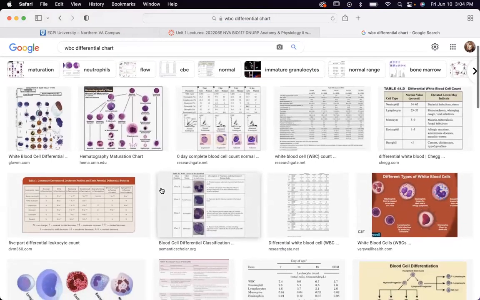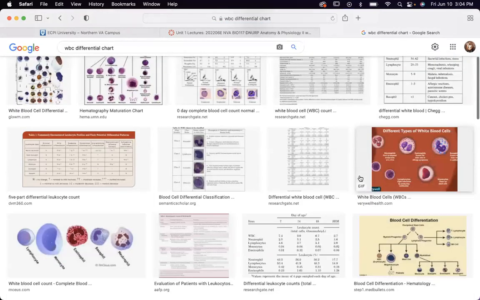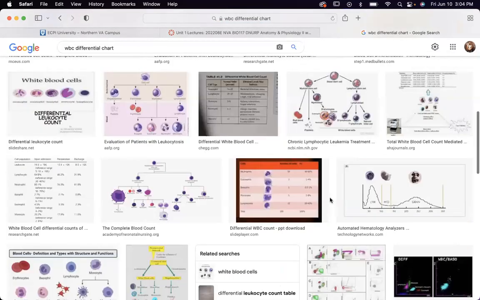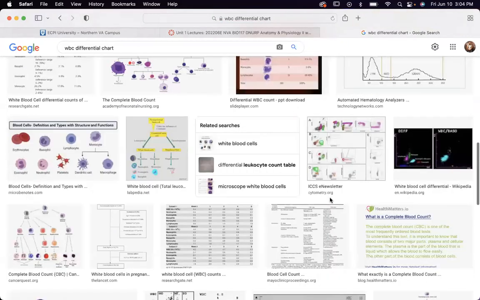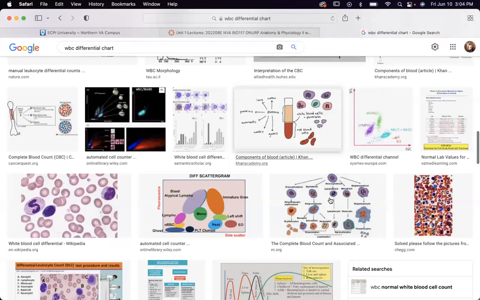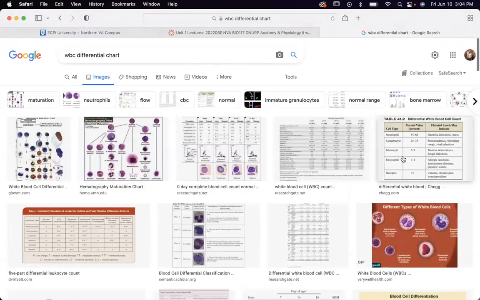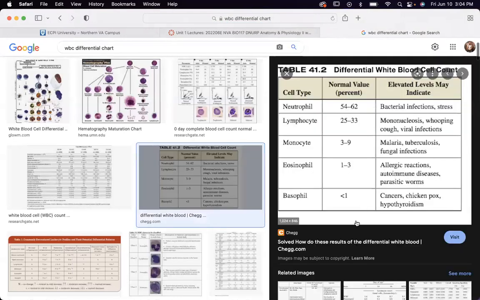Was it this one? Have patience with me. You can fast forward. Let's try this chart.